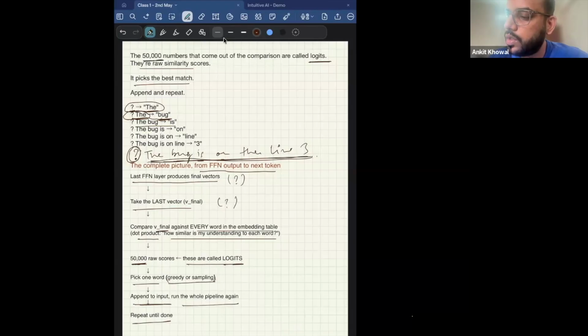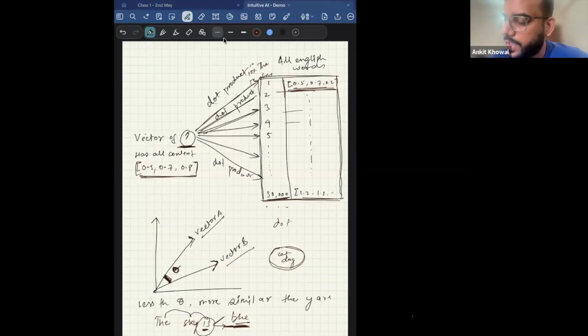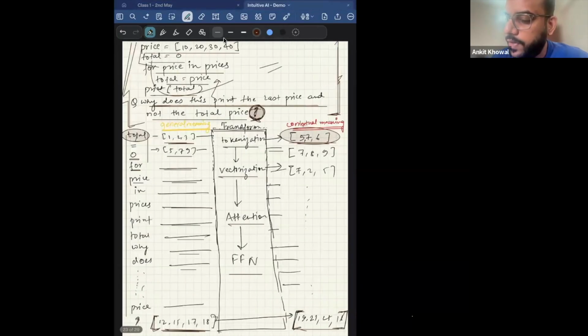Okay. So this was our overall flow, which is perfectly explained over here. Like I said, what did we do? We had this input question. We converted it into vectors through tokenization. When we were doing vectorization, it had the general meaning of each of these words. Then it went through a transformation layer wherein we did attention and feed forward network, where it looked at the surrounding words and understood what is going on in our particular sentence.